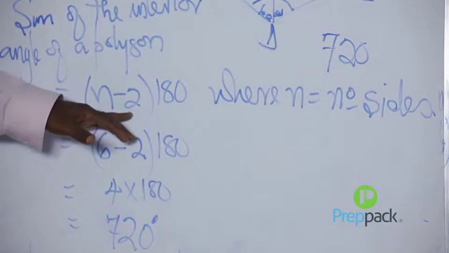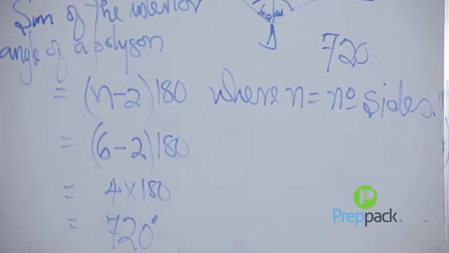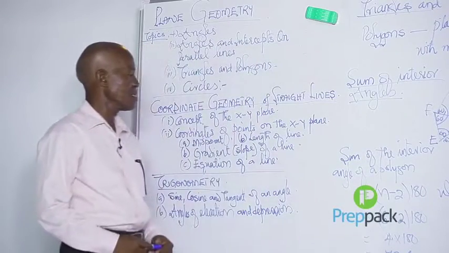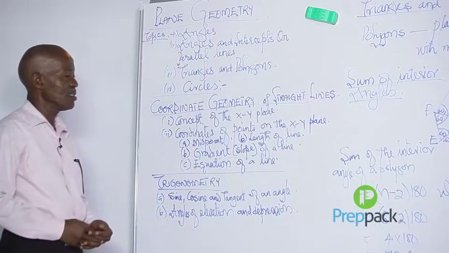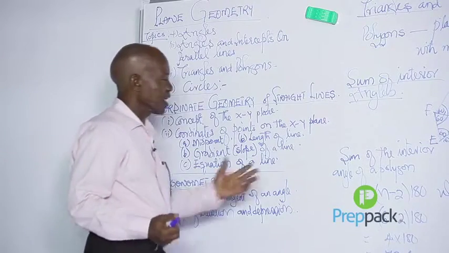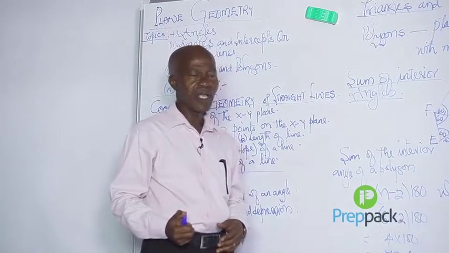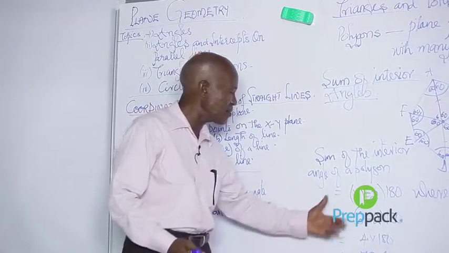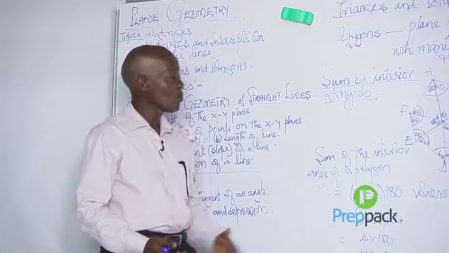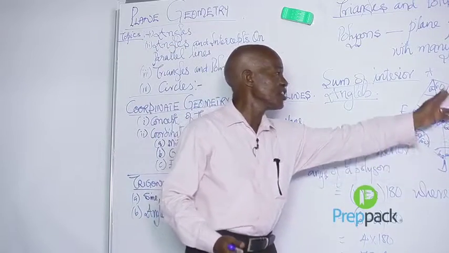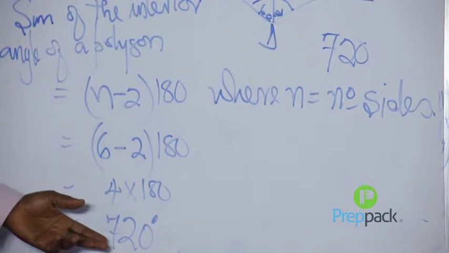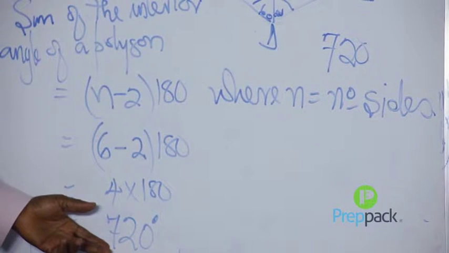n minus 2 multiplying 180. Use this for any polygon. You get your answer. And so if, having found this, you want to know what each of the interior angles is, all you need to do is just to divide this by the number of sides.